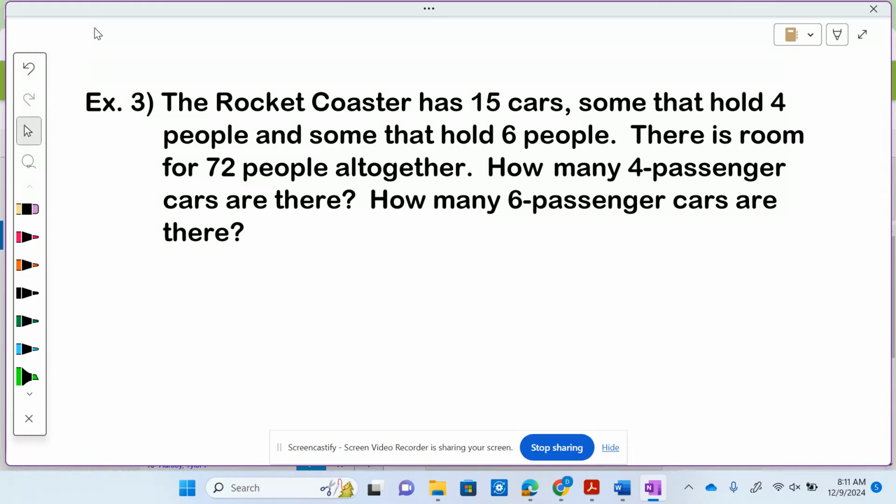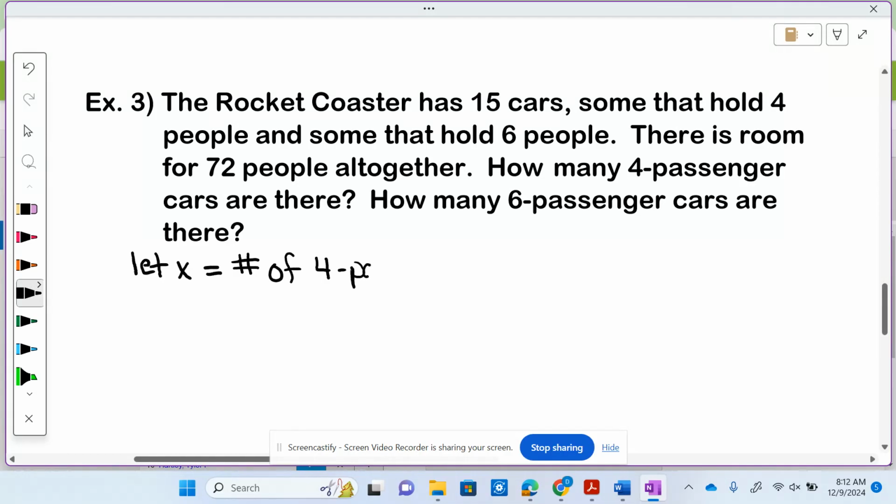Okay, so we have to let x equal, how many means the number of, right? Number of 4-passenger cars. And if x is the number of 4-passenger cars, then y is what? Yeah, number of 6-passenger cars.